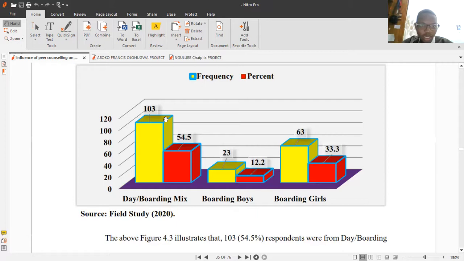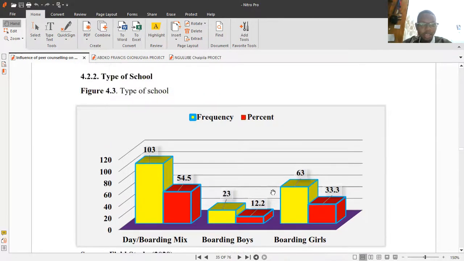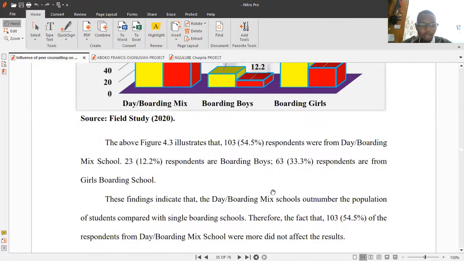As you can see, the day boarding mix has actually taken more than these other 2 schools here, followed by girls schools, boarding schools. All right, so that is it.